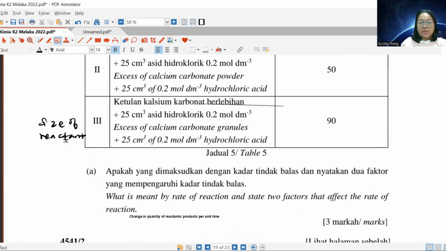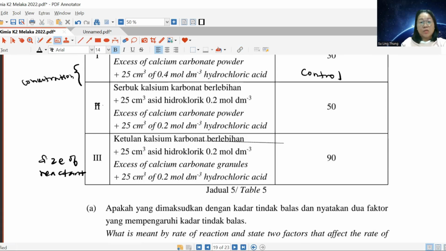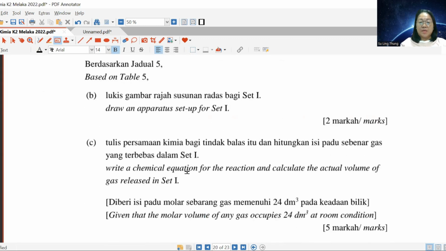Okay, and 2 factors here will be concentration of hydrochloric acid. Try to state as specific as possible because normally we will know what will happen. And the other one will be size of calcium carbonate. Okay, so that's 3 marks.